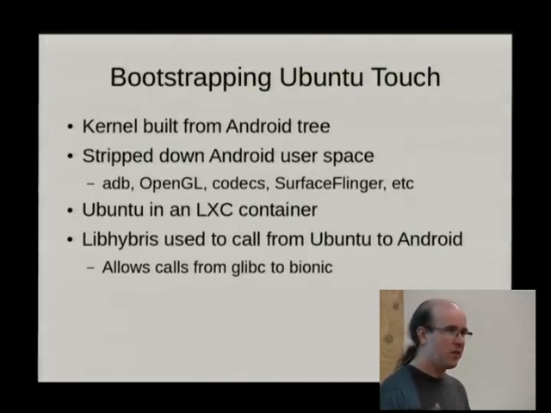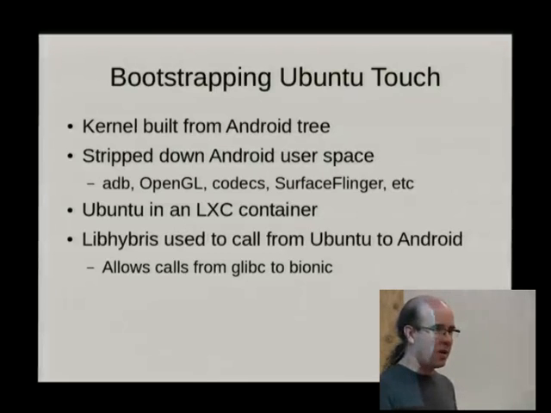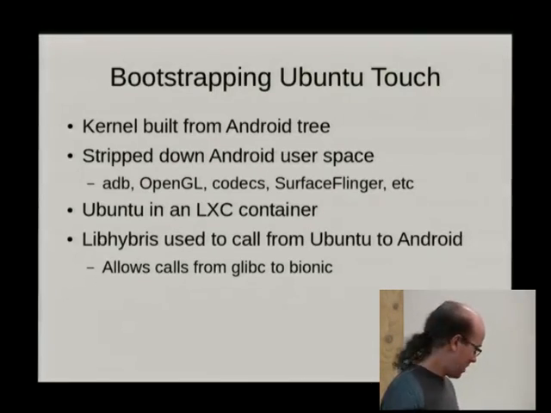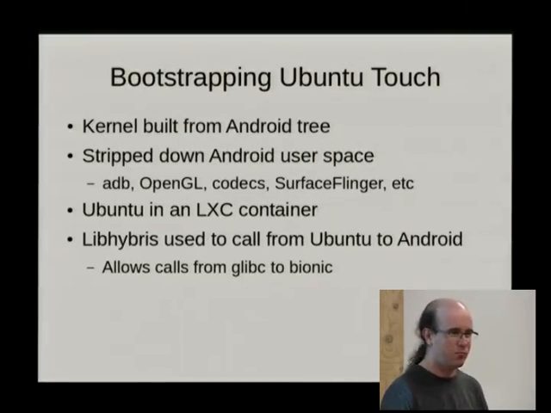So there's no Dalvik virtual machine, and the only bit of the GUI which we kept was the Surface Flinger display manager, which handles displaying the content onto the screen and various things like that. So basically, you just have Surface Flinger, the OpenGL libraries, codecs, and I think some of the code to talk to the radio, to the GPS, and a few other bits and pieces like that.